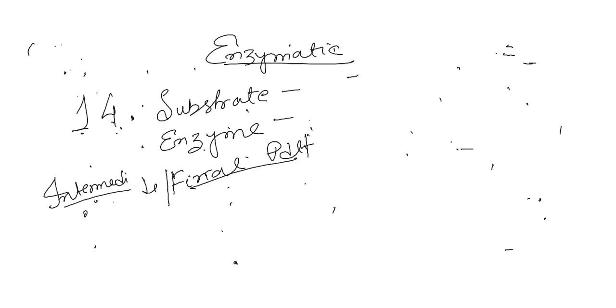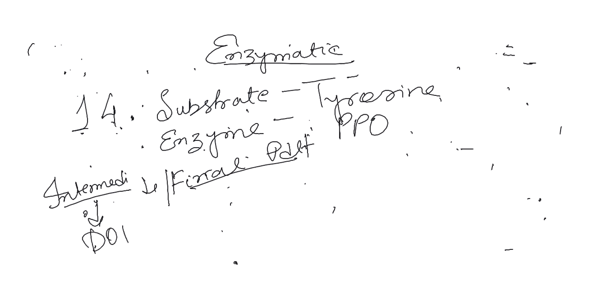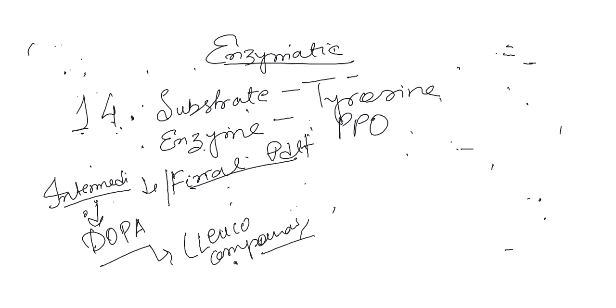The substrate is nothing but tyrosine. Enzyme is nothing but polyphenol oxidase. Intermediate product is nothing but dopaquinone. Okay, this will be dopa, and this will give you some gluco compounds. And finally, the final product you will get is melanin.